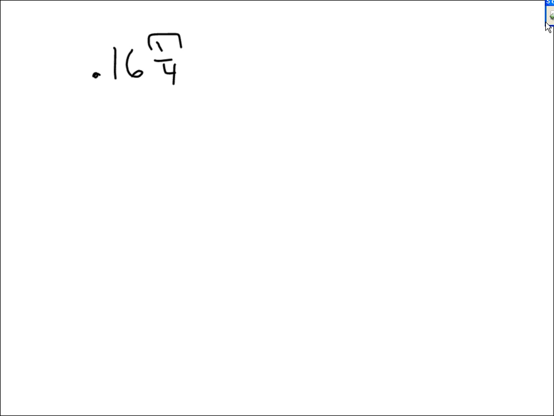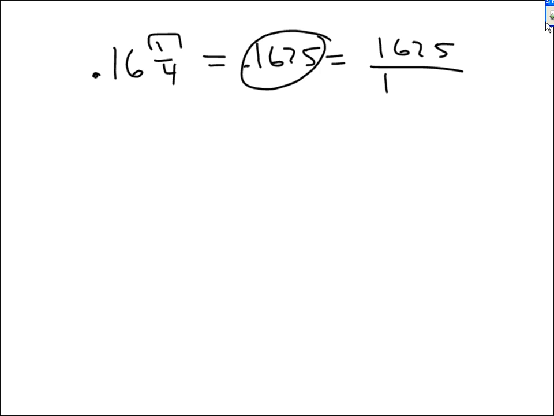If you know that 1/4 is 0.25, you can say immediately this is this number, and then you can say this number without a decimal divided by 1 followed by 4 zeros, and there's the answer, reduced, okay? Or you can say 16 1/4. Perhaps you don't know 1/4 is 0.25.